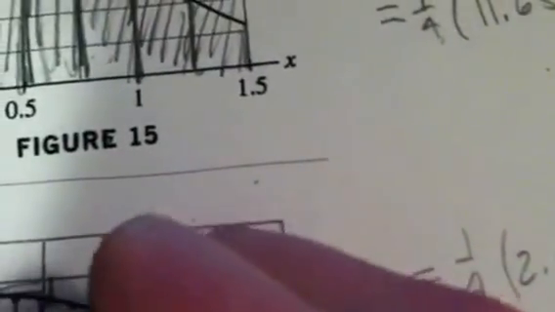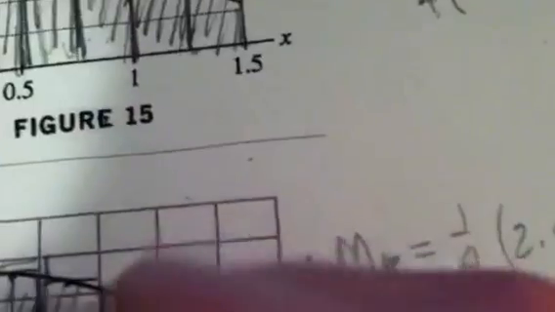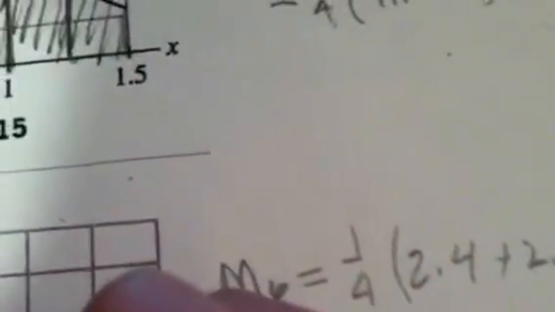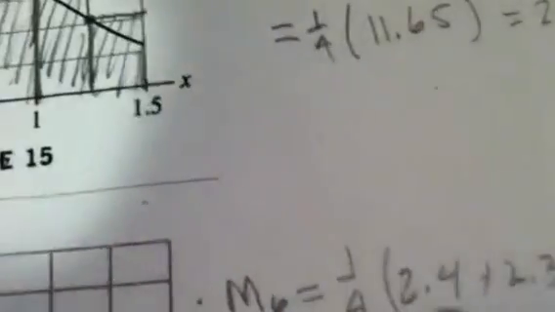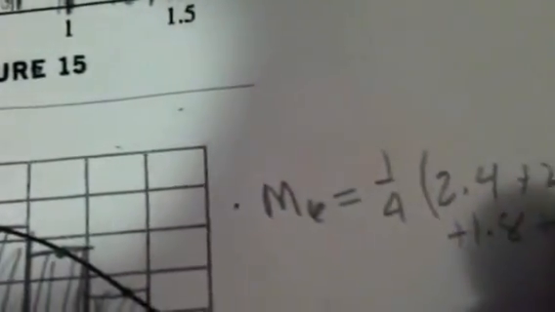The middle of the third rectangle is about 2.2. The middle of the fourth rectangle is about 1.8. The middle of the fifth rectangle, I would say it's about 1.3.